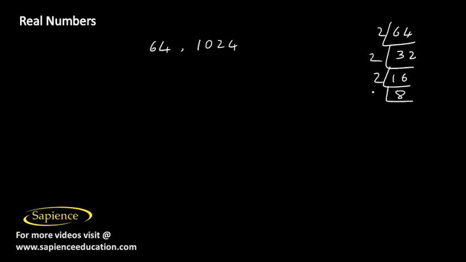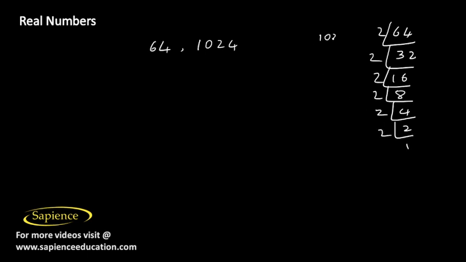Let us take another example, 64 and 1024. 64, prime factorizing: 64 by 2 is 32, 32 by 2 is 16, 16 by 2 is 8, 8 by 2 is 4, and 4 by 2 is 2.